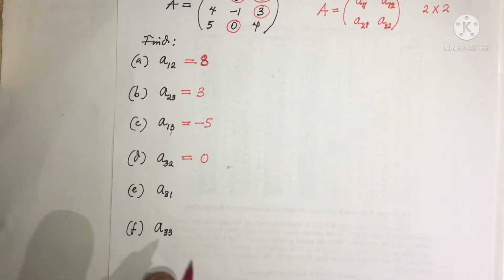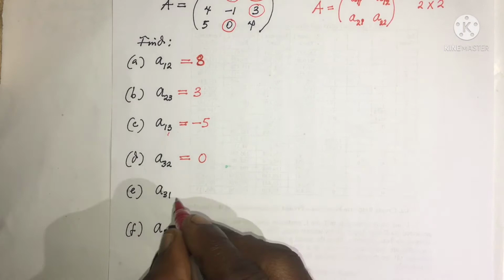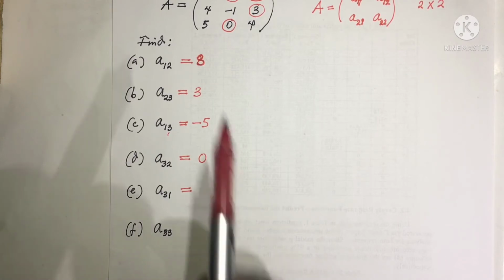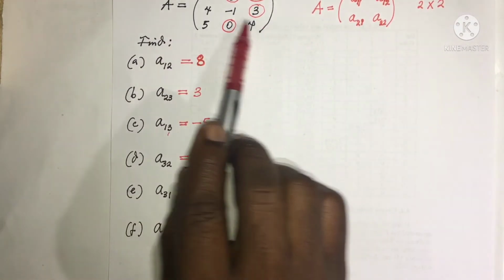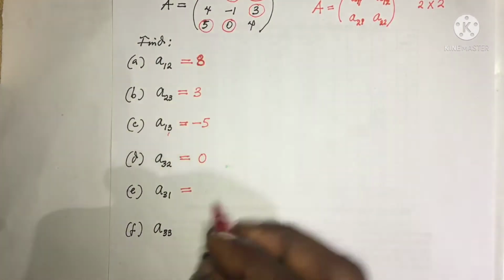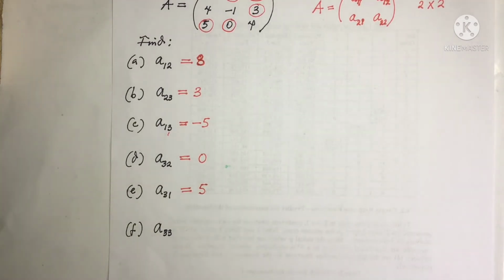So A31 will be, by what we have done so far, I'm thinking at this point you already know the answer. What would A31 be? The number occupying the third row but first column, and that number would be what? It will be 5. So I'm going to put 5 here as our result.